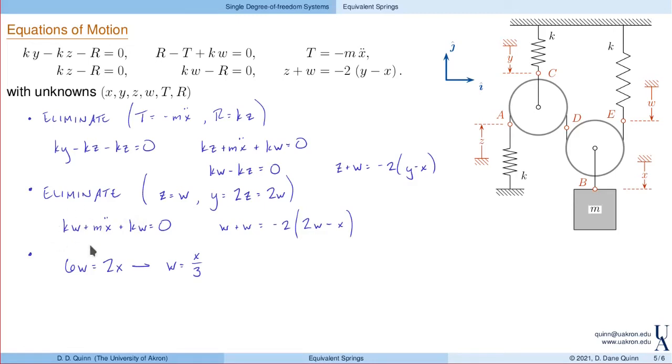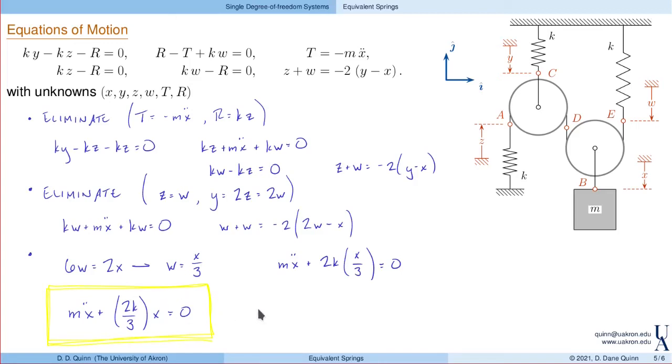Finally, using this equation, we have mx double dot, and then we have 2kw, but w is x over 3, equals 0. So at the end of this, let's rewrite and simplify it a little bit. mx double dot plus 2k over 3 times x equals 0. So there you go, the equation of motion for this system.